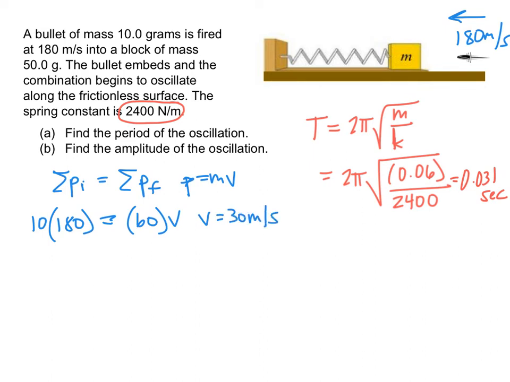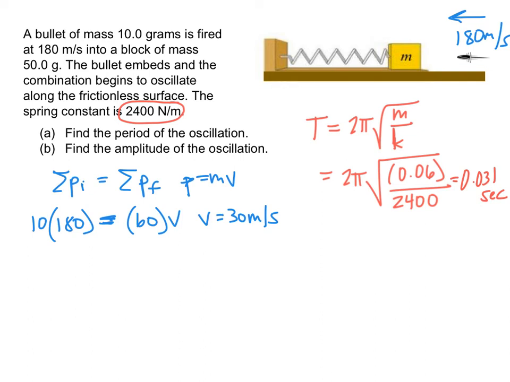Notice I did not need to convert any units because of the symmetry of this setup. As long as my masses are in the same units and my speeds are the same units, it should work out. All right, so now what I know is that after the collision, the speed is 30 meters per second.